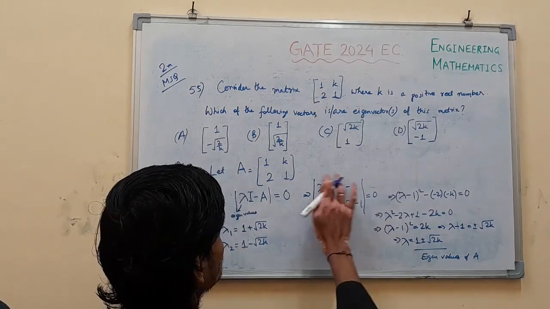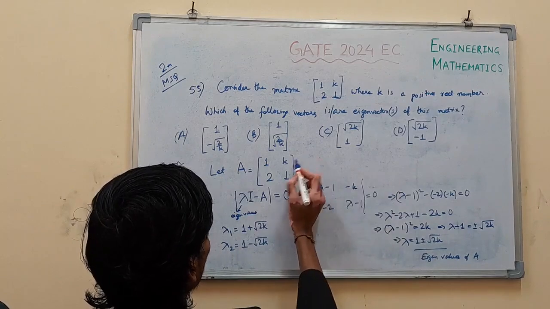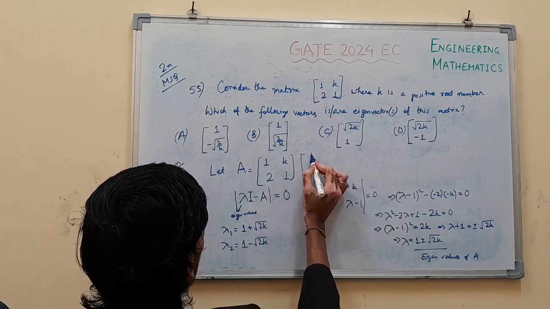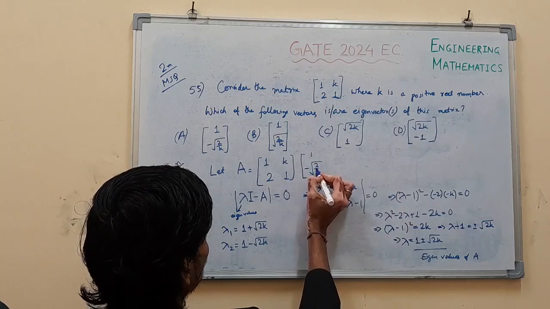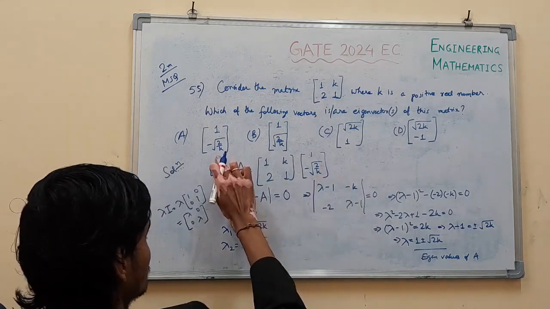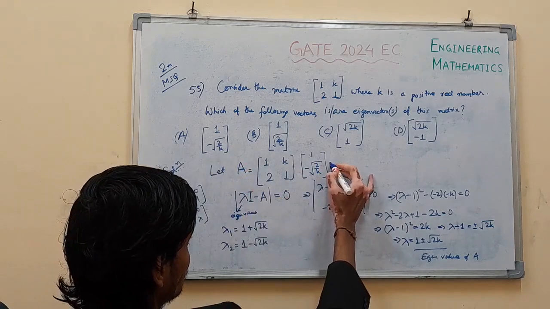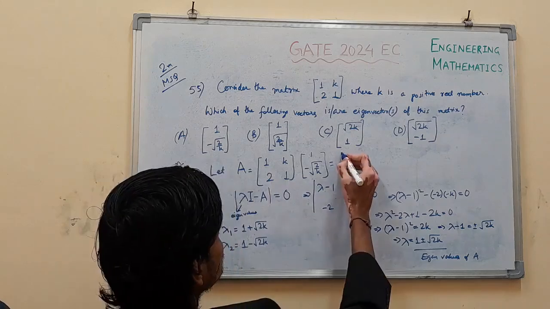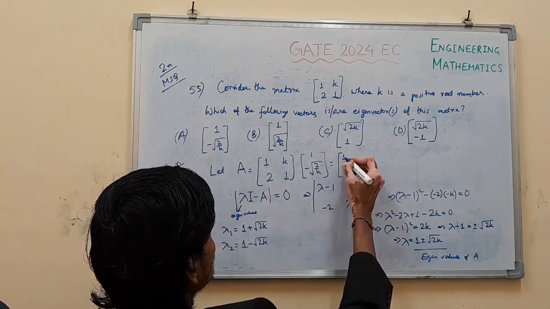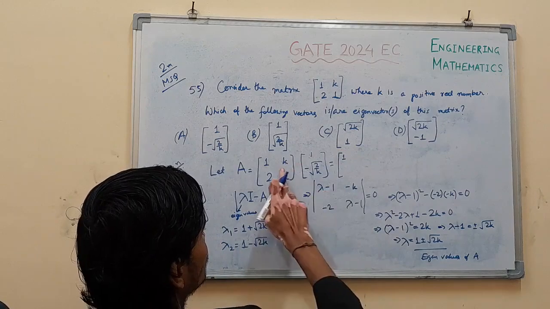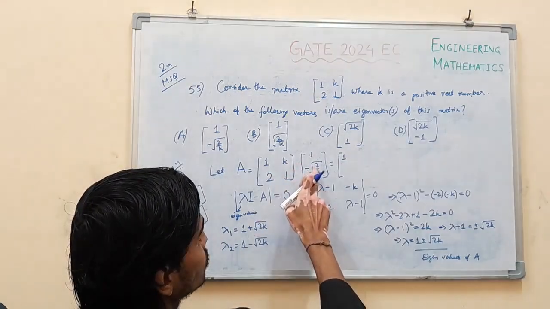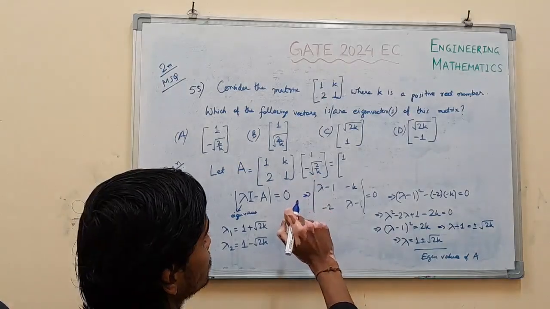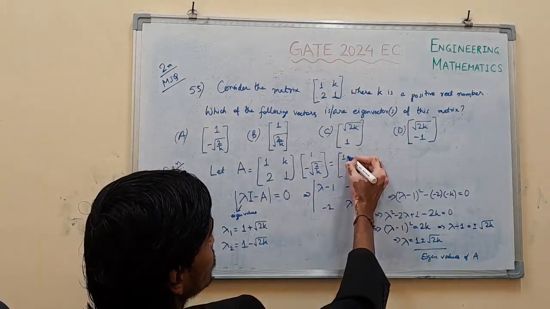So if we multiply this matrix with the vector 1 and minus root 2 by k, this eigenvector, what we get? 1, then k into minus root of 2 by k is what? Minus root of 2k.